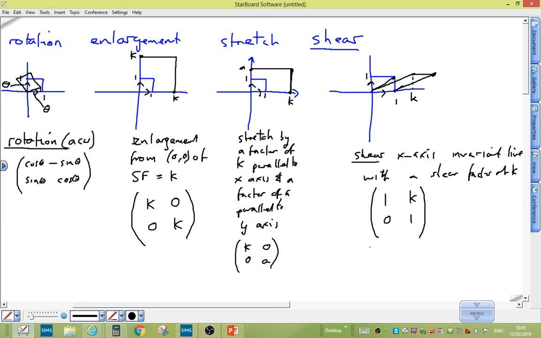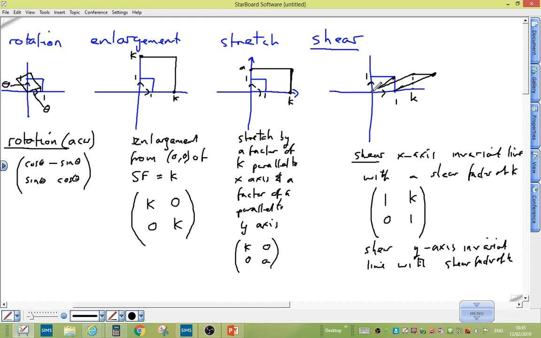Then the last one that we need to do is a shear factor of k. Right, and in the same sense, you can see what's going to happen. A shear with the y-axis as the invariant line, with a shear factor of k.